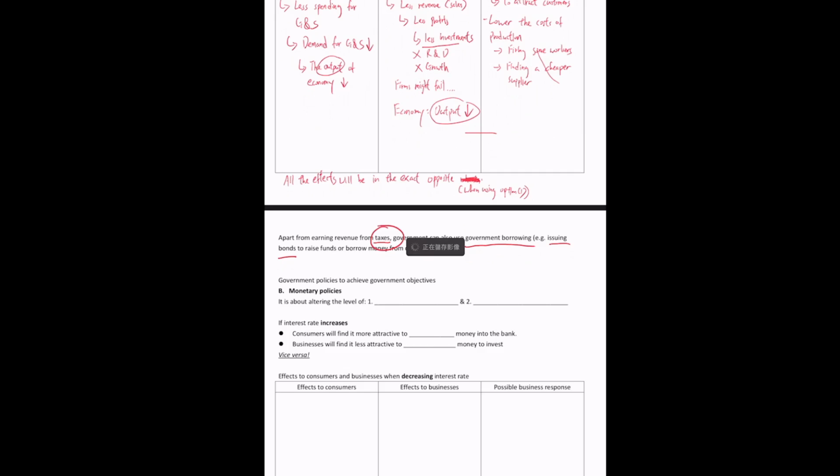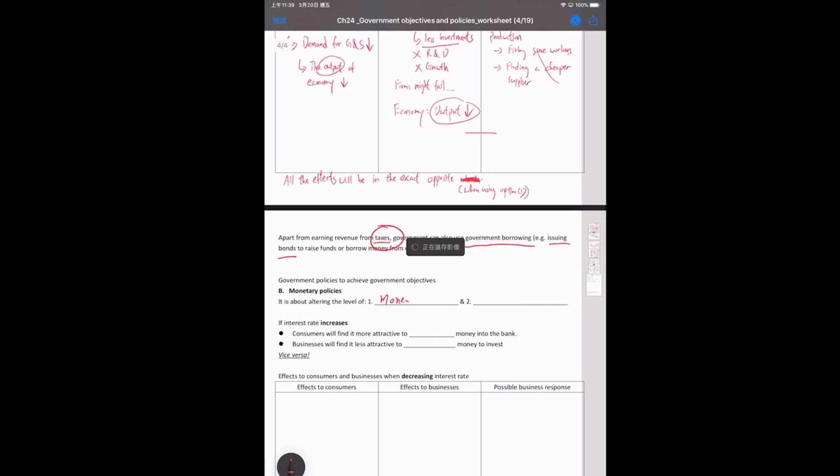Let me quickly write that down: money supply and interest rate. In business, we will only focus on the second one. This one is more important to us because money supply is more about economics.